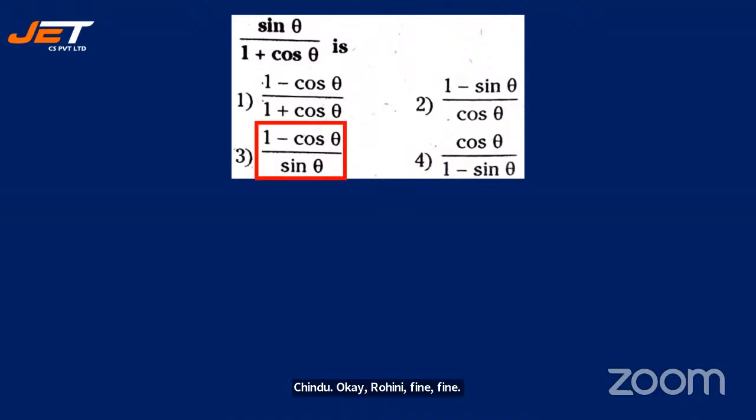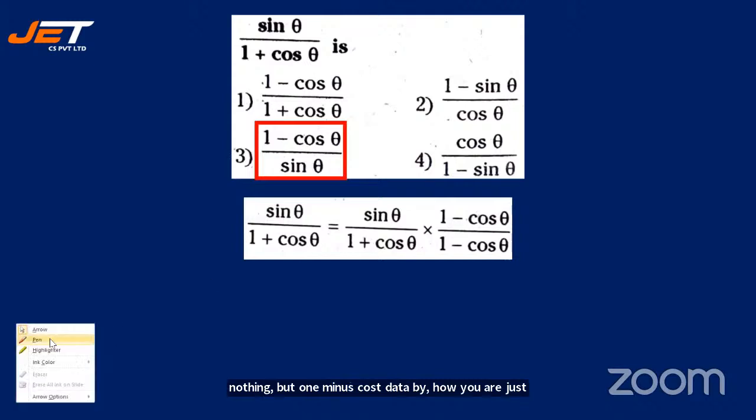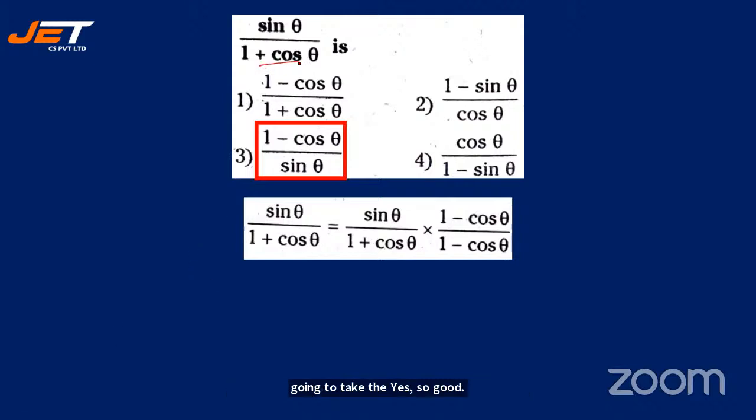It is nothing but 1 minus cos theta by sin theta. How? You are just going to take the conjugate. Here I just wanted to introduce a term called conjugate. What do you mean by conjugate? For sums like this, sin theta by 1 plus cos theta, when you take the conjugate, it means that you take either the numerator or the denominator and the sign will vary.